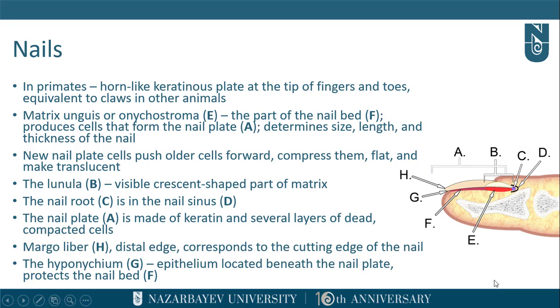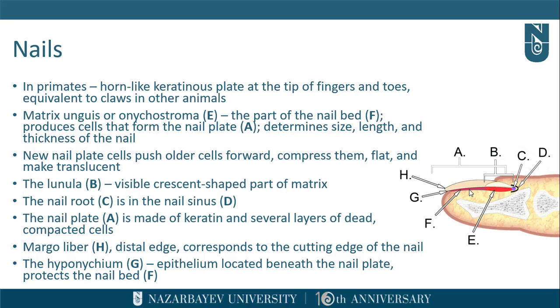Let's move on to the nails, which are also a part of the integumentary system, and it's a horn-like keratinous plate that we can find at the tip of our fingers and toes. The major part of it is called matrix unguis or onychostroma, that determines the size, thickness, and length of our nails.